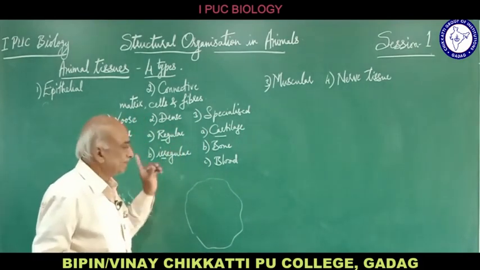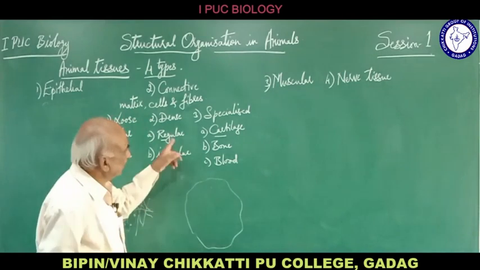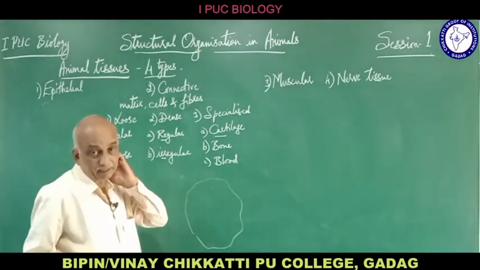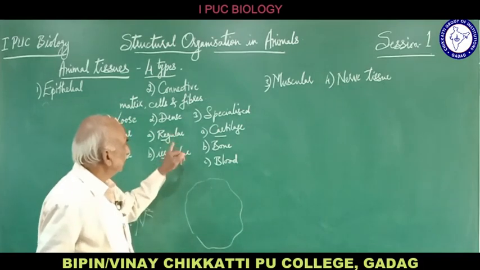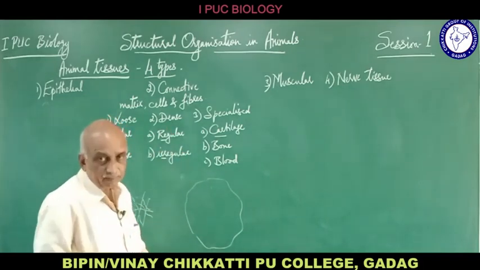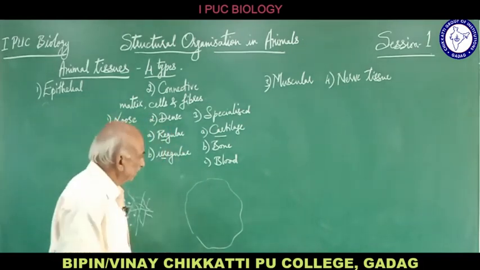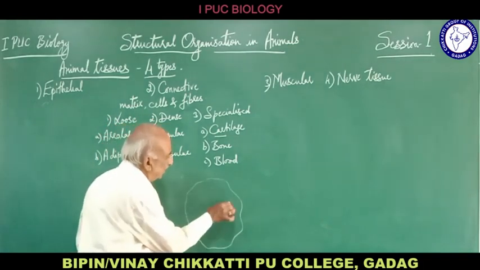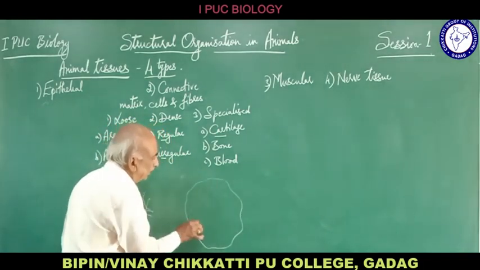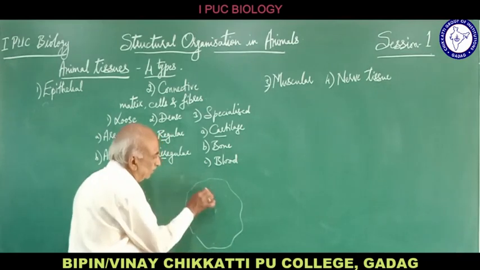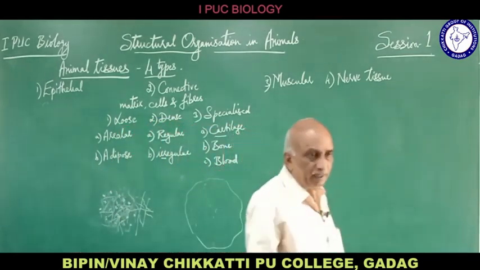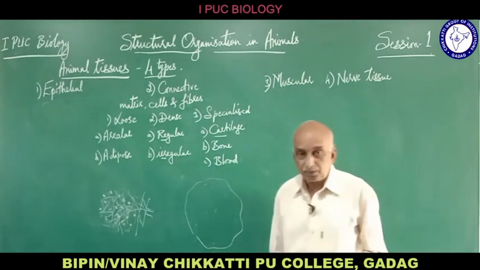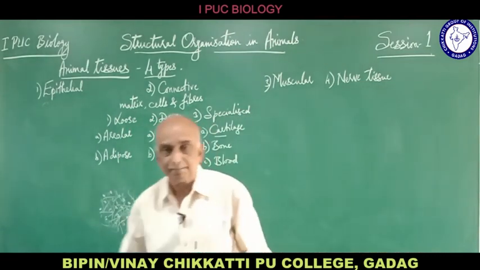Here also there are cells and fibers, but collagen fibers are dominant here. So they are prominent in this, and that is why based on the fibers they are called regular and irregular. And in the cartilage, the matrix is also present. Now the matrix is made up of a protein which is called chondromucoprotein.